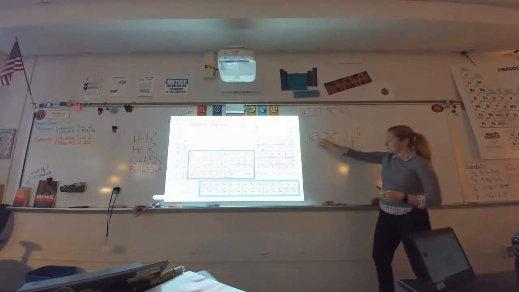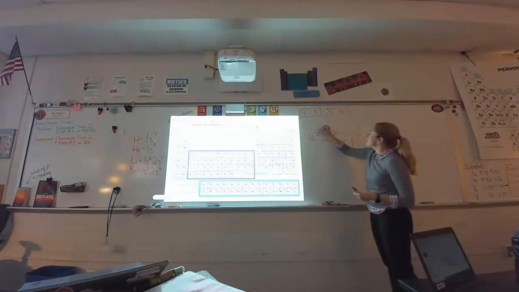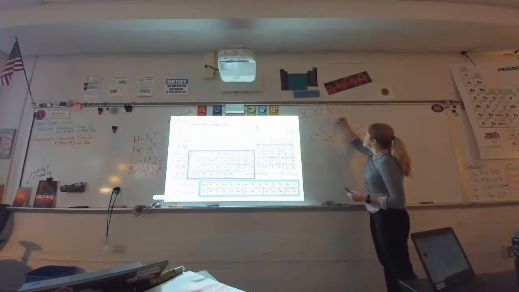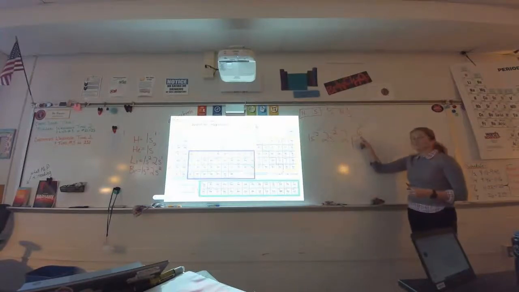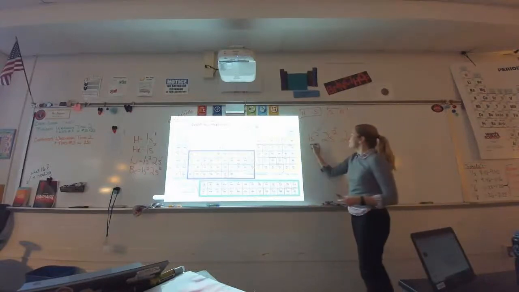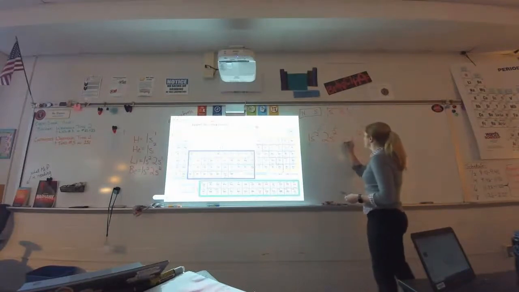And if we count up the number of electrons, because these superscripts are the actual electrons, 2, 4, 10. Neon has 10 electrons.